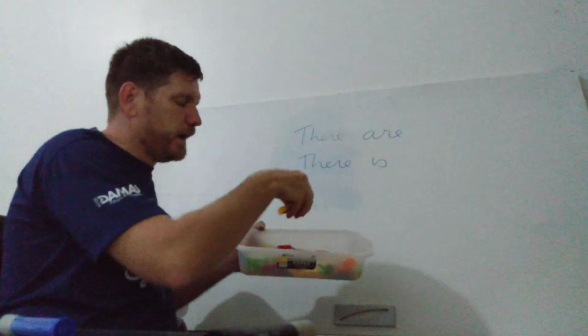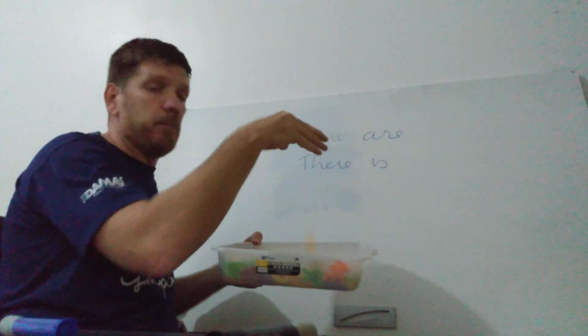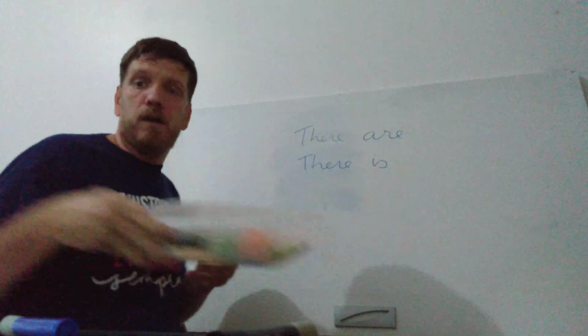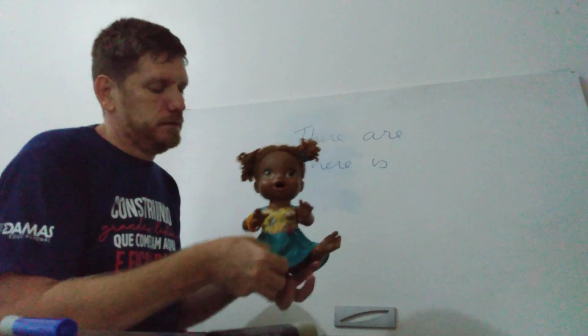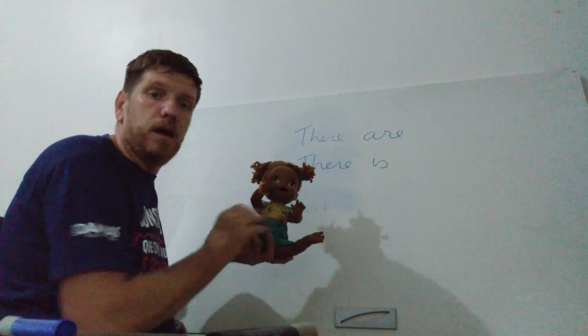Why do I use there are? Because there are more than one. Now, there is a doll. There is a doll.